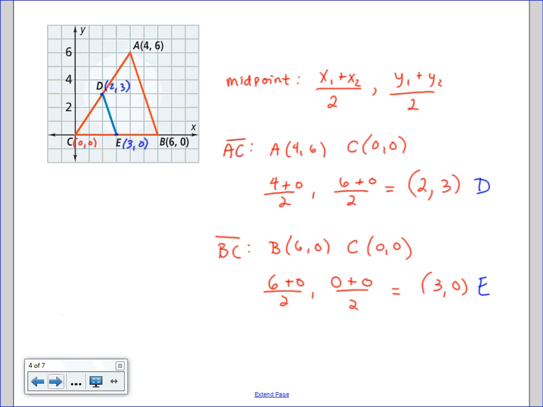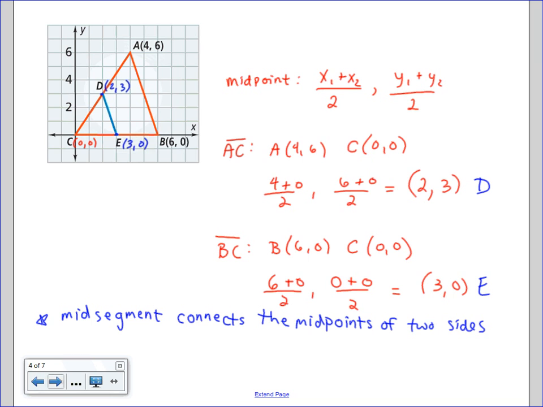So a midsegment of a triangle connects, as we just proved using our coordinate geometry, the midpoints of two sides. So that's the definition of a midsegment.